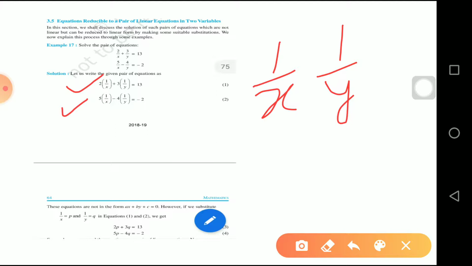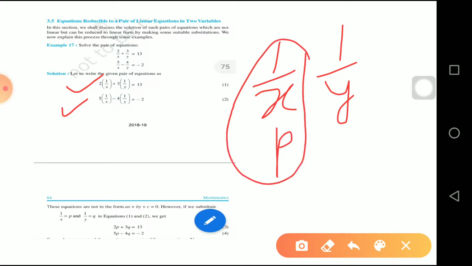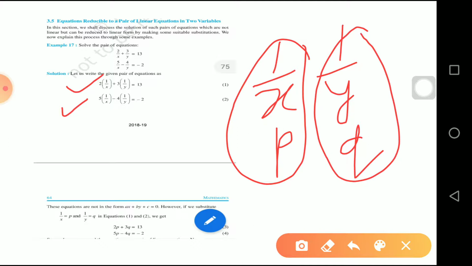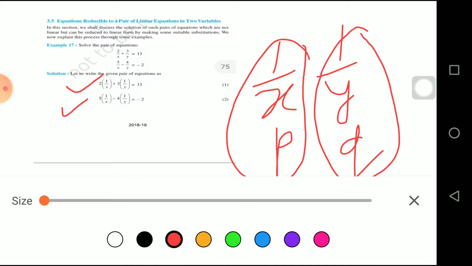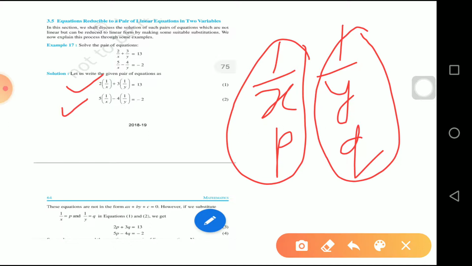Now we will substitute p in place of 1 by x and q in place of 1 by y. After substituting, we have 2p plus 3q equal to 13.